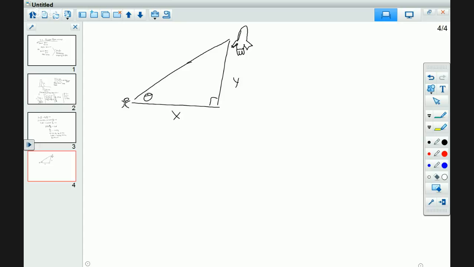Which function am I going to use? It's usually the hardest part. If I'm given an angle measure, speed going up, distance from, this is the equation I would use.